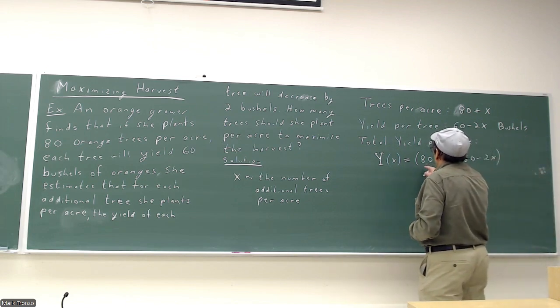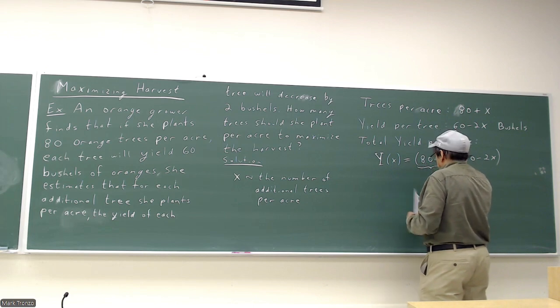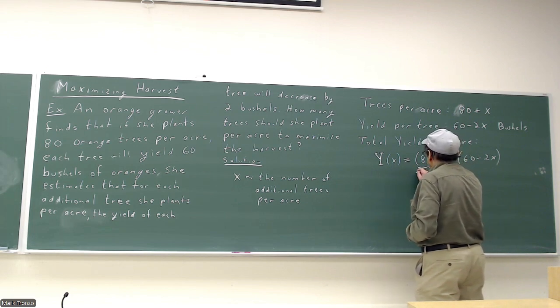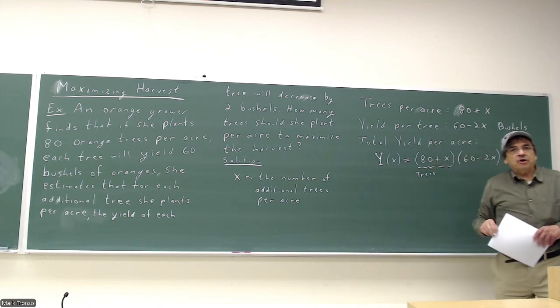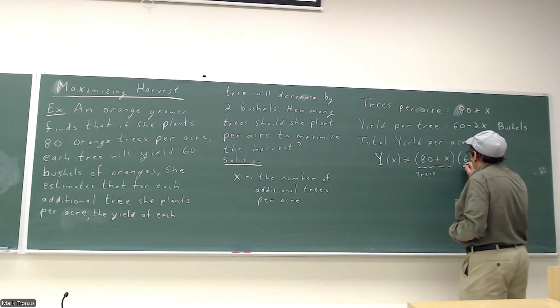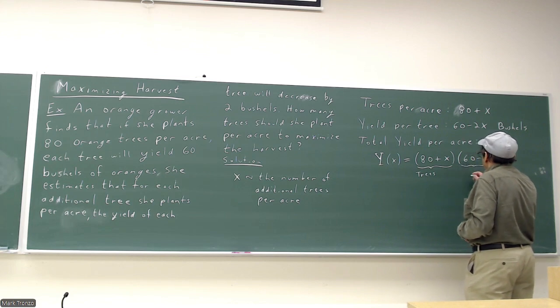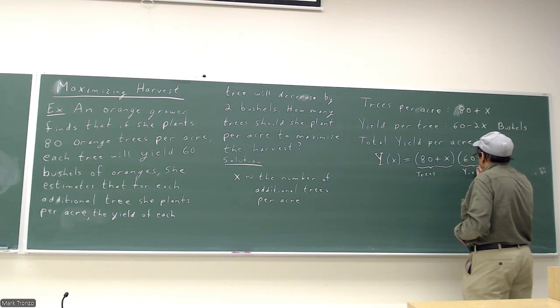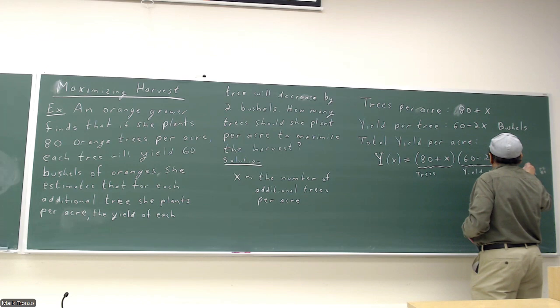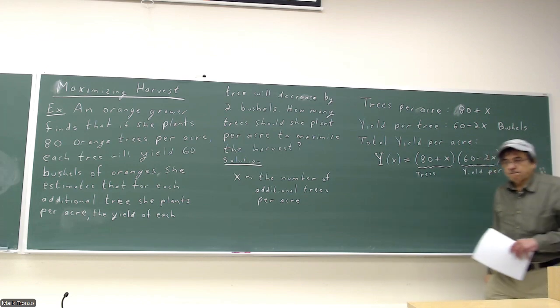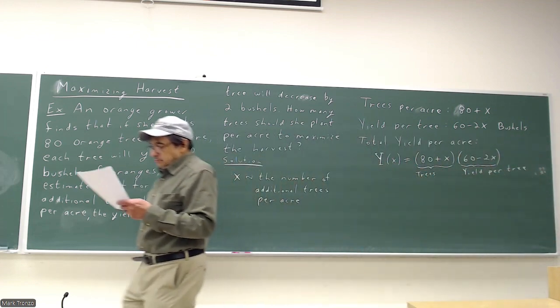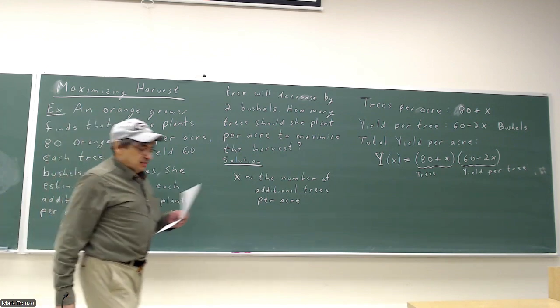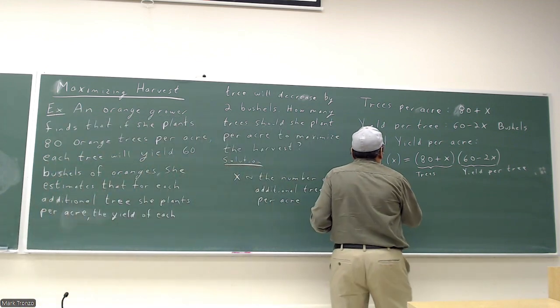Again, remember how we got this yield: this is the number of trees per acre, and over here is the yield per tree.